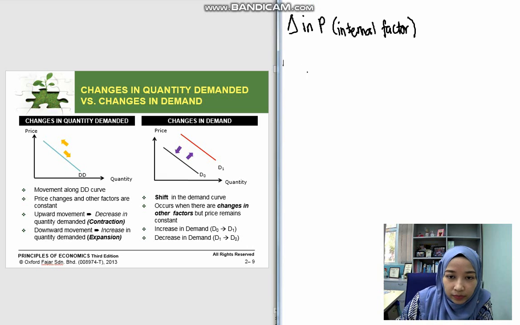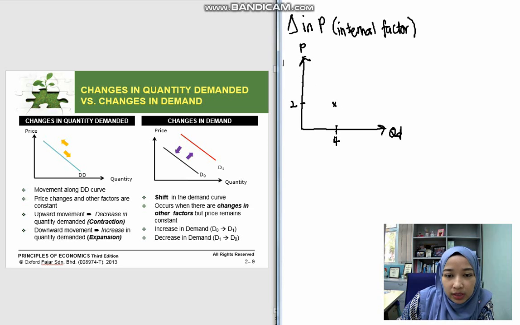Okay, you have here quantity demanded, and then you have here price. Okay, so let's say the price is 2 ringgit. So when price is 2 ringgit, the quantity demanded is 4, for example. So you have 1 point here.